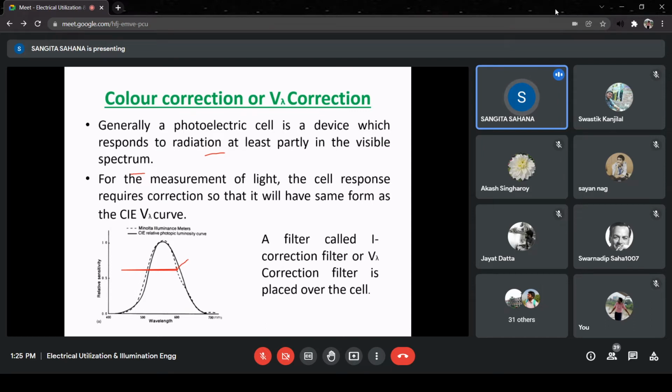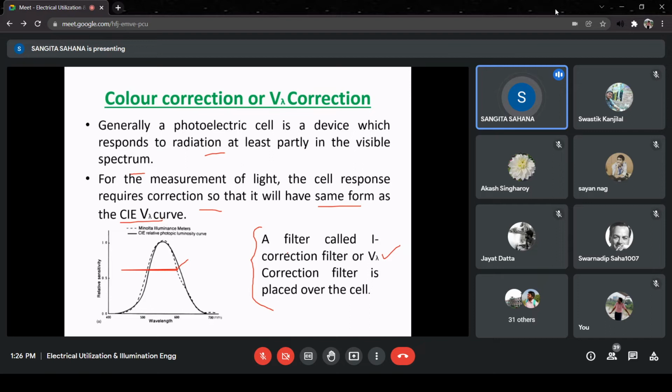Whatever we see with our eyes, we will see the same with the detector. So for the measurement of light, the cell response requires correction so that it will have the same form as the CIE V lambda curve. That's why a filter called the color correction filter or V lambda correction filter is placed over the cell. So we have the raw material which is showing the linear property. Then we have to put a filter over that material which will correct the response to the same as the V lambda function.